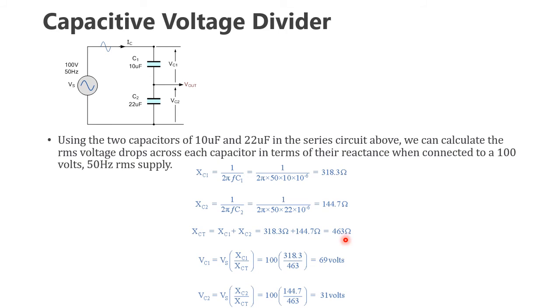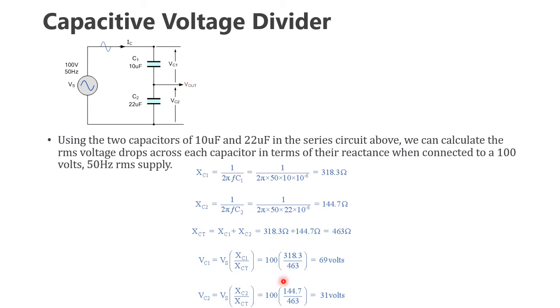But our question is we have to find VC1 and VC2. Now we can find the VC1 from this formula. The formula to find the VC1 is Vs into XC1 over XCT. Vs is the supply voltage, which is 100 volt RMS.